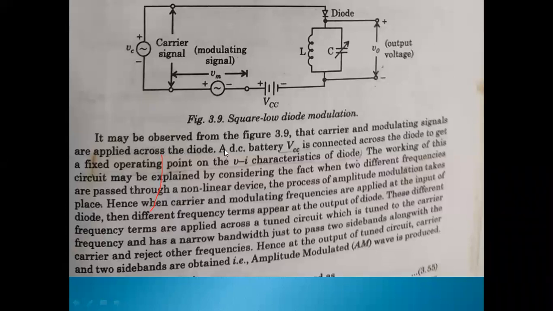A DC battery VCC is connected across the diode to get a fixed operating point on the VI characteristic of the diode. To fix the operating point on the diode VI characteristic, we use the VCC supply.